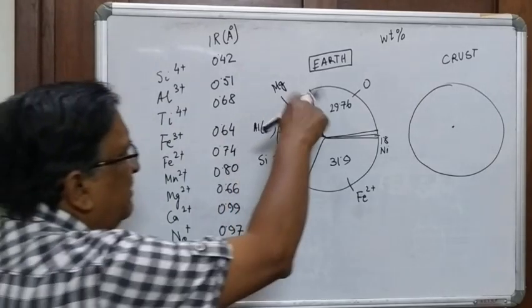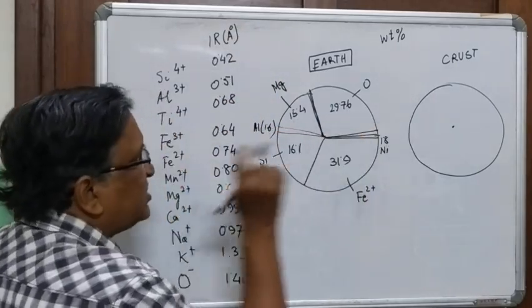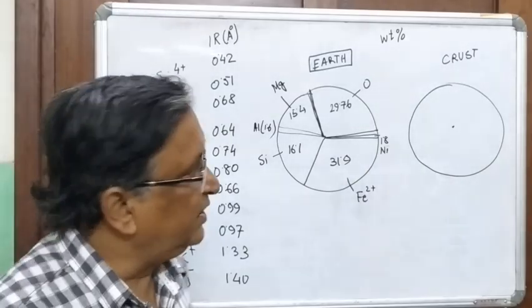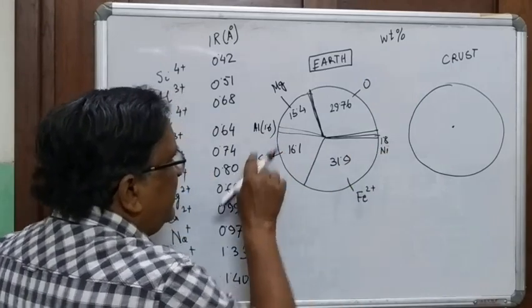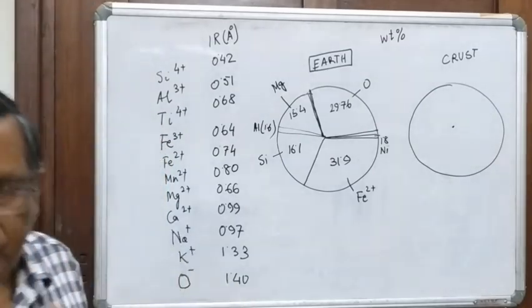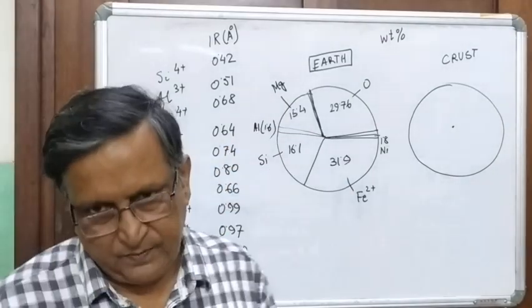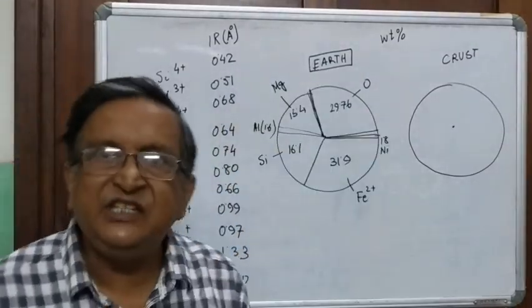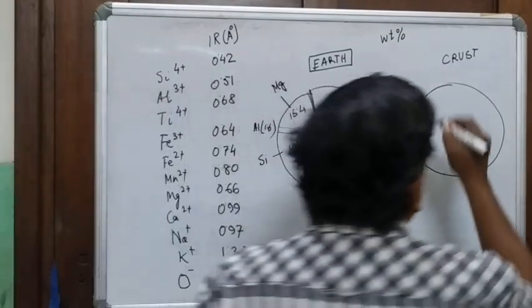The rest of the elements that occur in this table are much less. Among those, nickel, which is mildly restricted to the core of the Earth, is 1.8%, and aluminium, which is largely restricted to the crust of the Earth, and also the uppermost mantle and the mantle, is 1.6 weight percent. Now this figure completely changes if we take the Earth's crust.